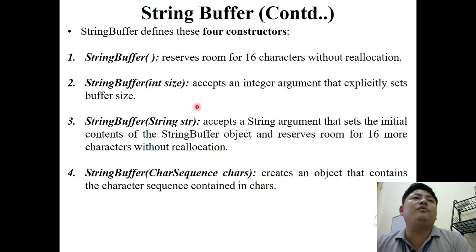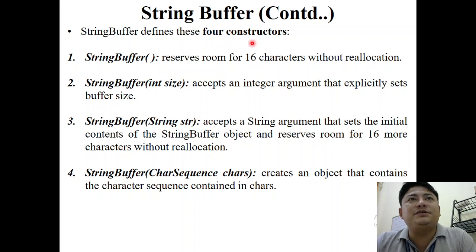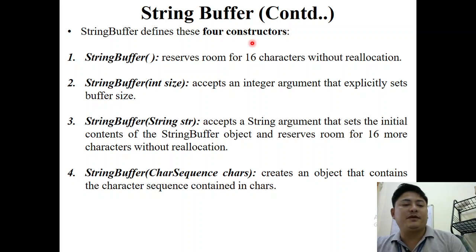Now, what are the various ways in which you can create a string using the string buffer? There are basically 4 ways. We study the 4 different types of constructor with the help of which we can create the string buffer.